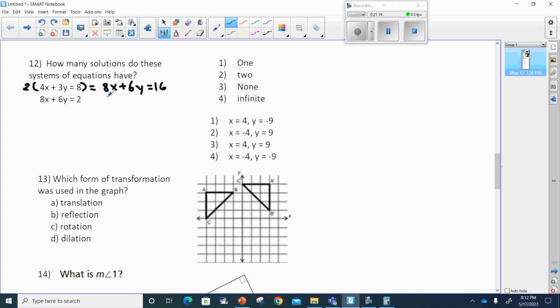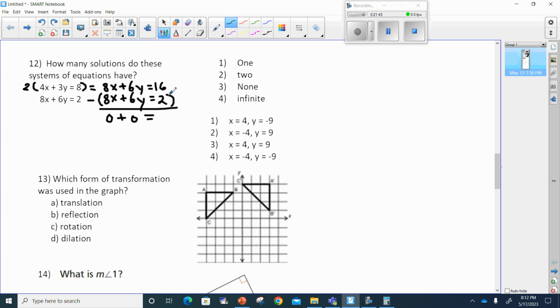And I could rewrite this to show that this is 8x plus 6y is equal to 2. Here's the issue with it. We're going to have to subtract everything here. When we do, this is going to be a negative 8, right? 8x minus 8x is 0. 6y minus 6y is 0.